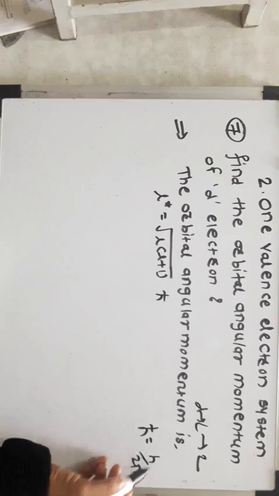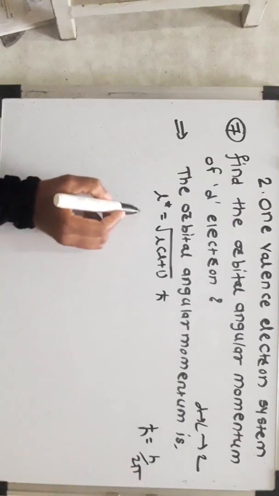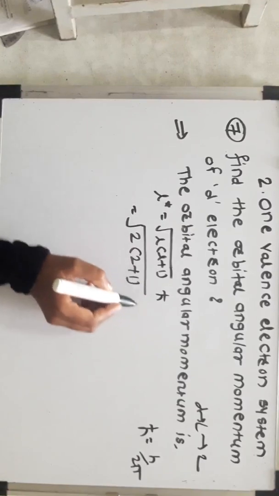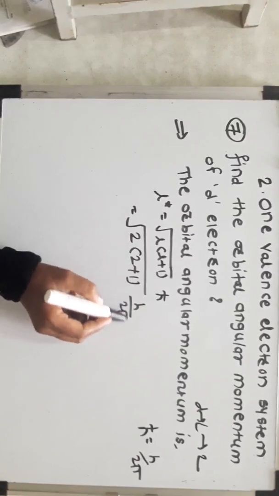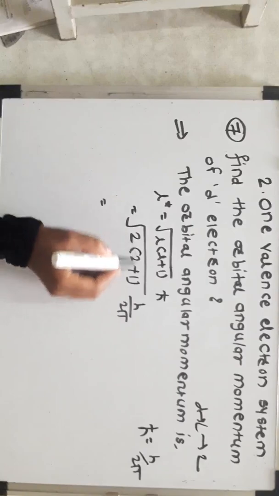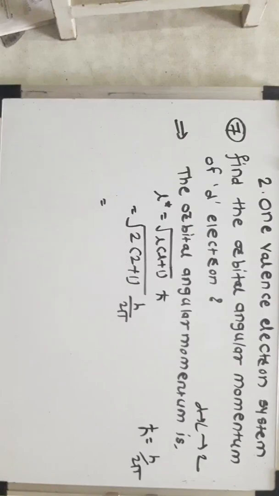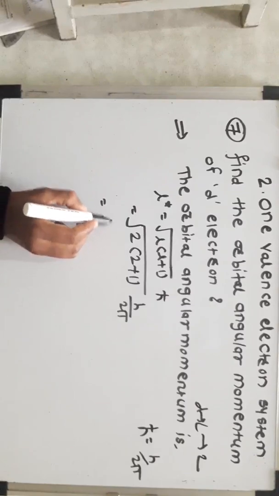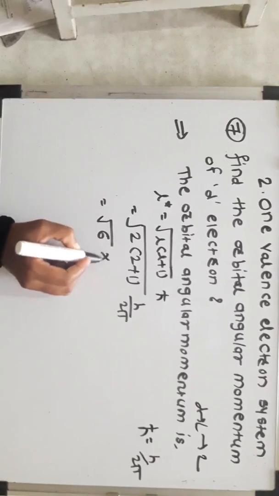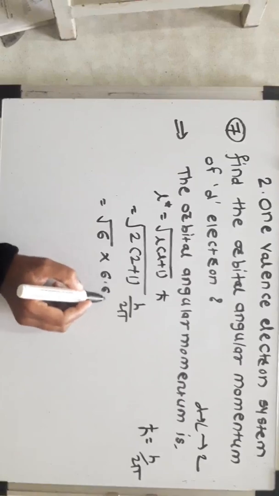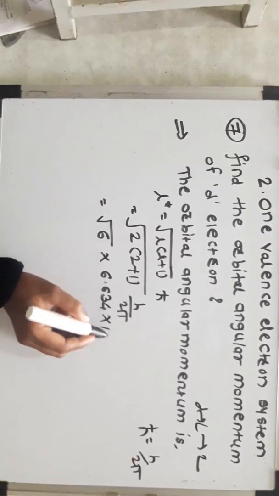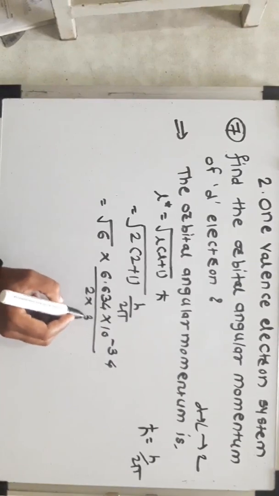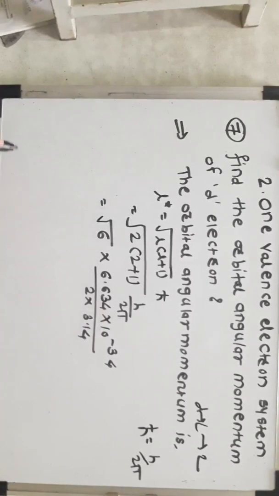Where h is the Planck's constant. Now the square root of 2 into (2+1) times h upon 2π. This calculation: 2 into 3 will be root 6. Root 6 into the value of h, 6.634 × 10^-34, divided by 2 into 3.14.